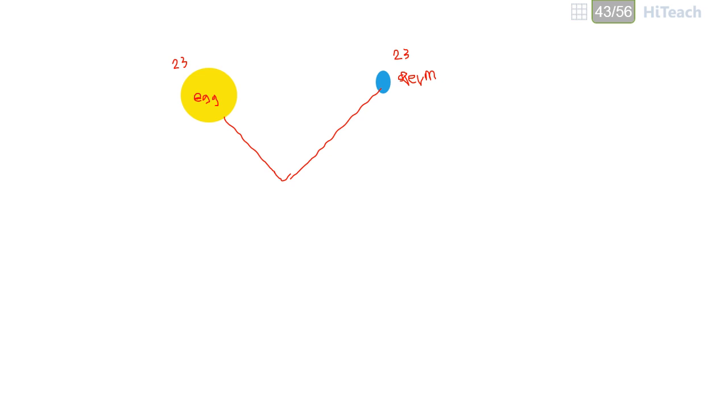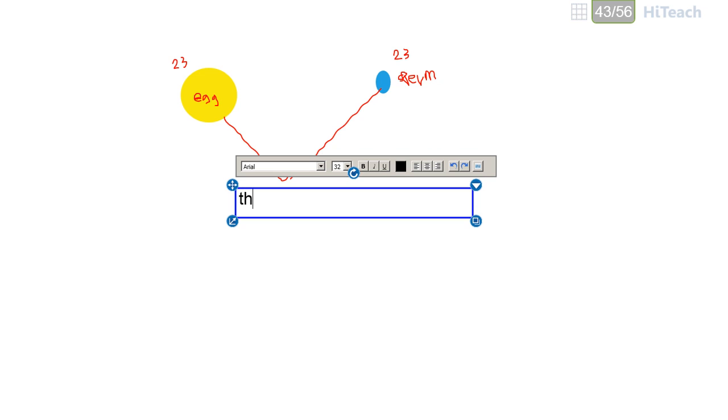The fusion of the nucleus of the sperm cell with the nucleus of the egg cell is called what? Fertilization.